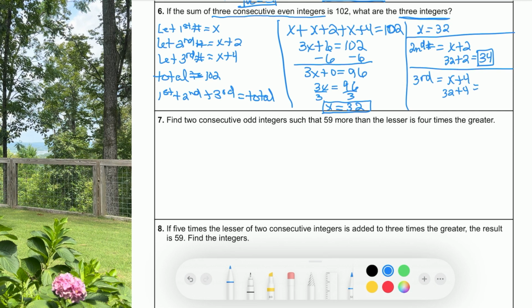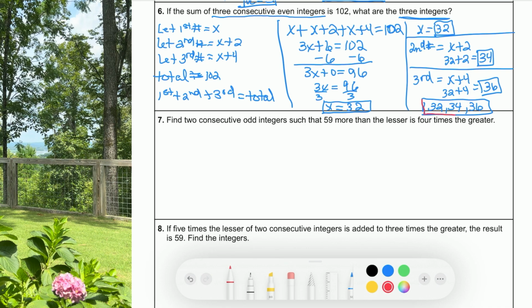Plug in my 32, and I get 36. So the way we would write this, remember, is 32, comma 34, comma 36. And that is, in fact, our answer. So I'm going to put a red box around this just so you know. That's the end of that particular problem.